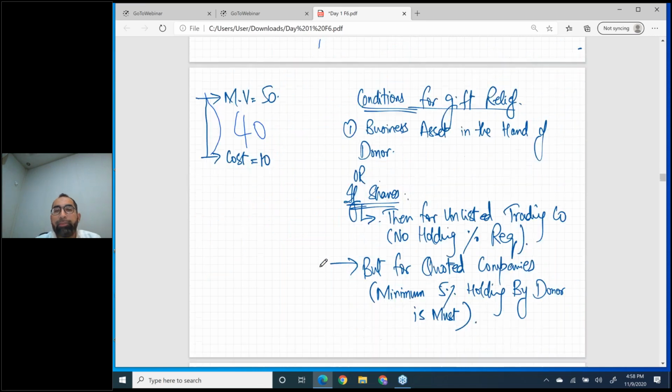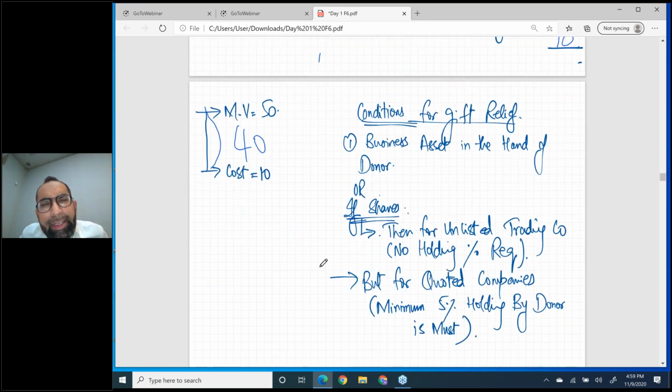Now, conditions for gift relief. Sir, are there any conditions for gift relief? Obviously, you have to meet the first one: if dad is giving any asset, that asset must be a business asset in the hands of the donor, like a factory or something.